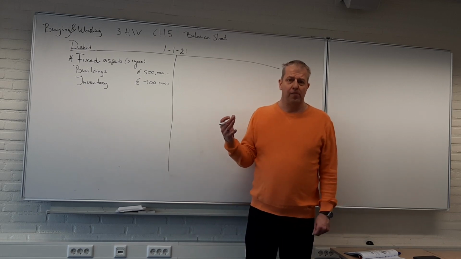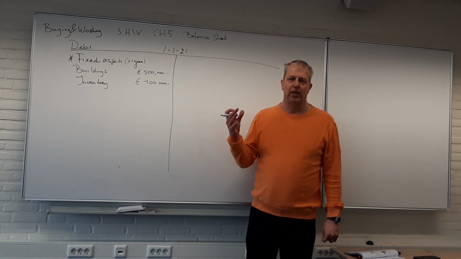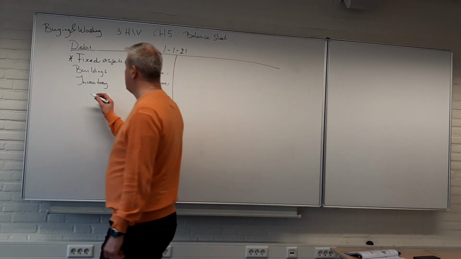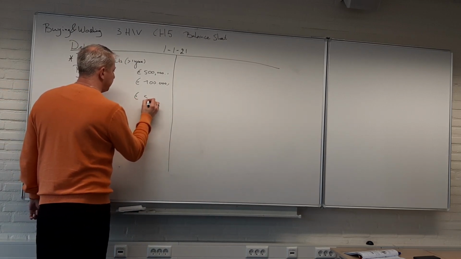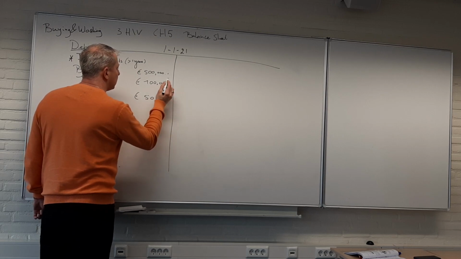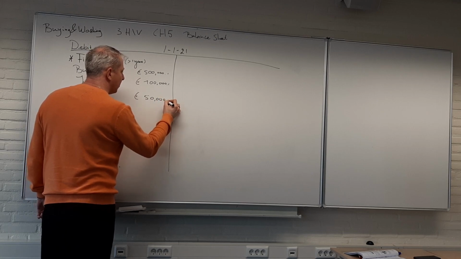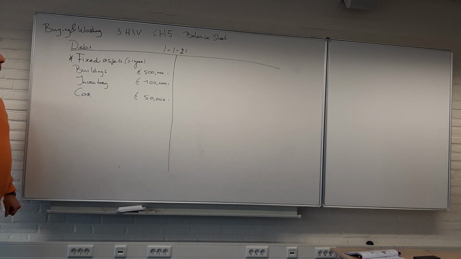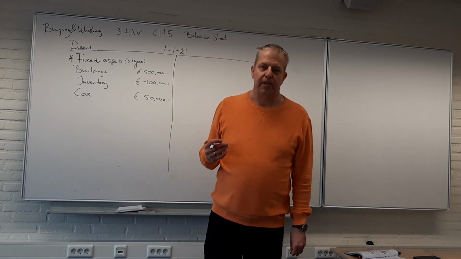Suppose you also have a car which is used for delivering stuff, so it's supposed to be longer than a year in your company. So a car, for example, it's a decent one, 50,000 euros. You see how easy you make the mistake of a comma instead of a dot. Yes, so 3 examples of so-called fixed assets, your belongings that are supposed to be in your company for more than a year.